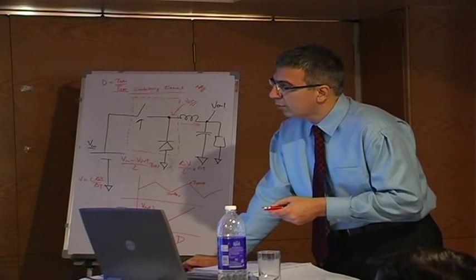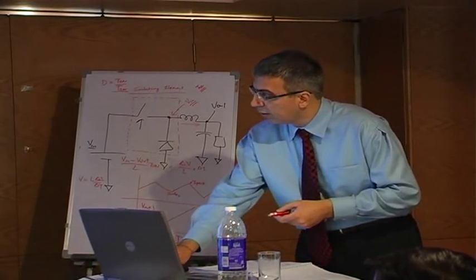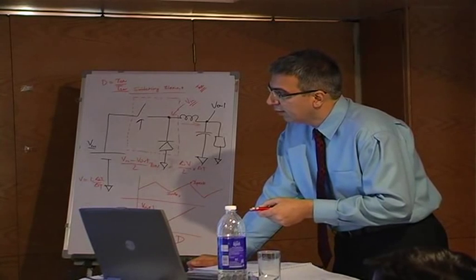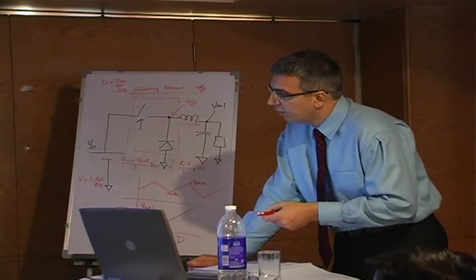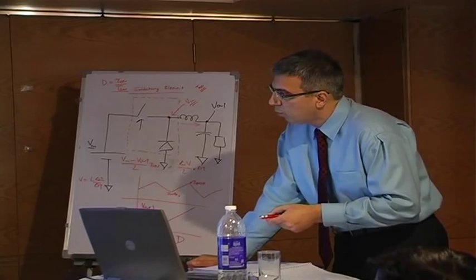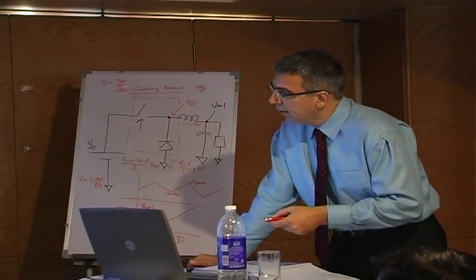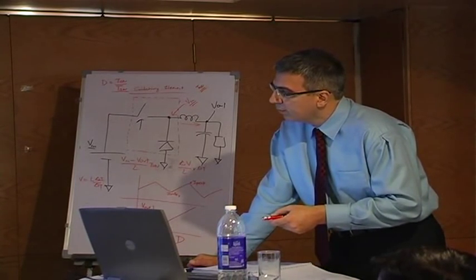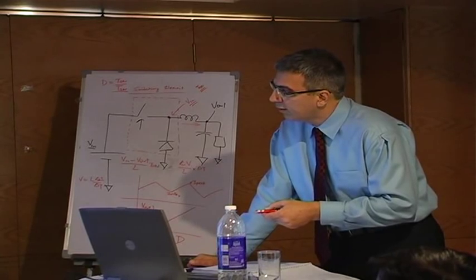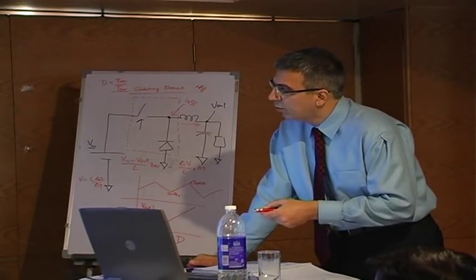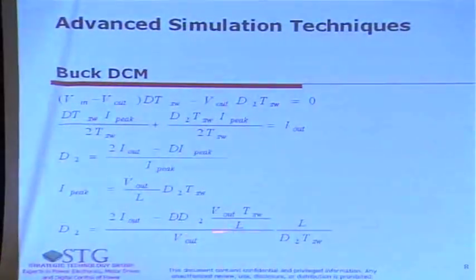Now, you're also able to calculate I peak simply by looking at it. You say, okay, I peak essentially, Y is equal to mx. Yeah, exactly. So you have I peak here, and then your D2 term here, you stick this I peak into this term right here, and you try to solve for D2.